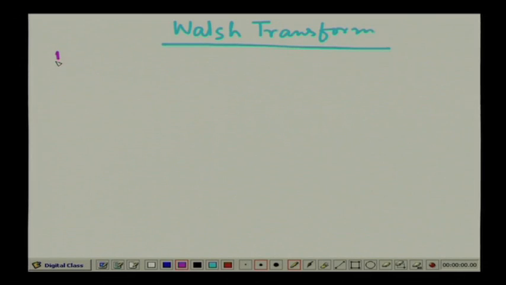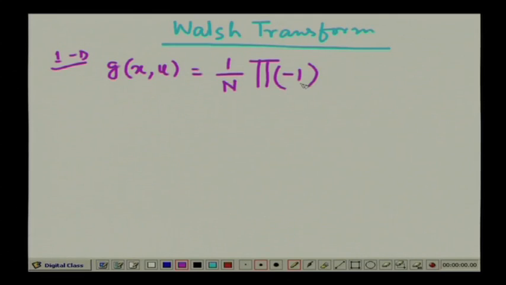In case of 1D, the discrete Walsh transform kernels are given by g(x, u) equal to 1 upon capital N into product of minus 1 to the power b_i(x) into b_(n minus 1 minus i)(u), where the product is taken over i equal to 0 to n minus 1.